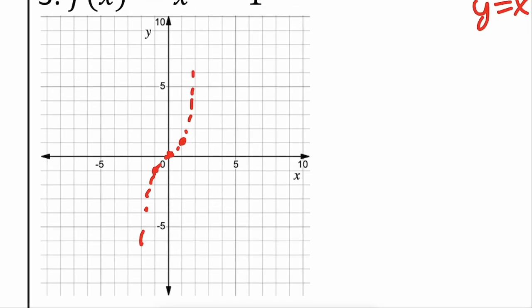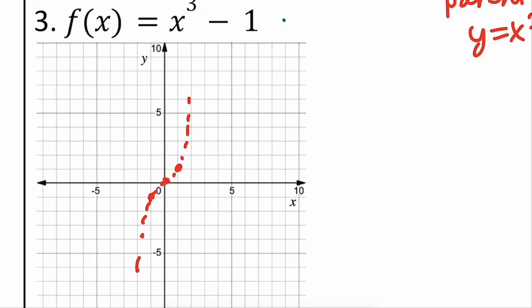What transformation has occurred for problem number 3? It has gone down 1 because we have subtracted on the outside of the function. So just take those 3 good points, scooch them down 1. If you want extra points, 2 goes to 8, negative 2 goes to negative 8. You could add those on if you really wanted to. And then make your picture.